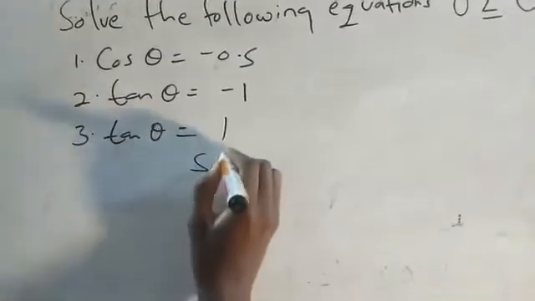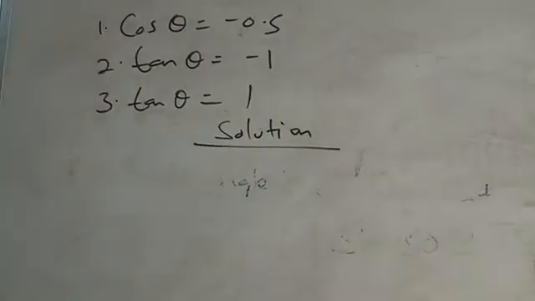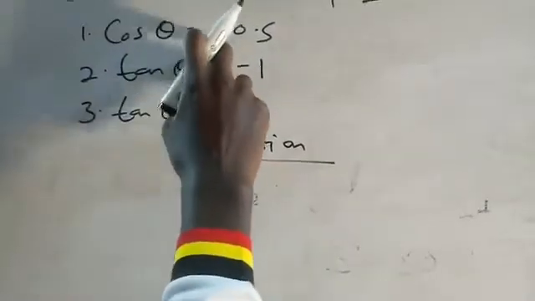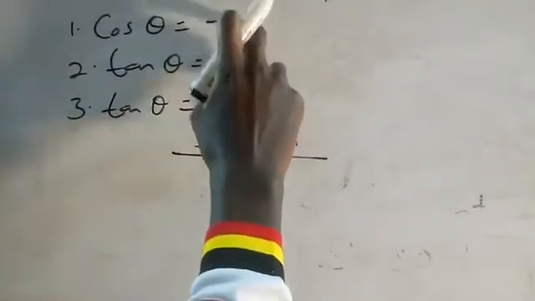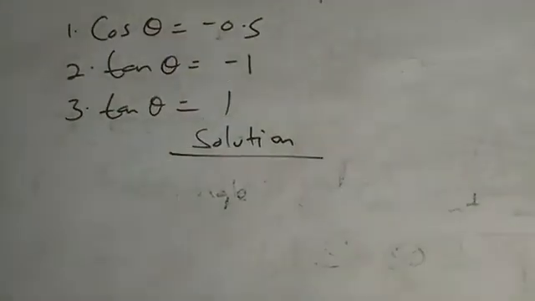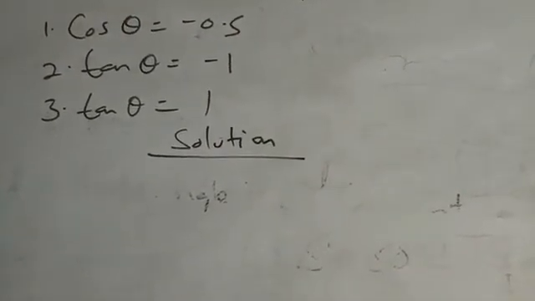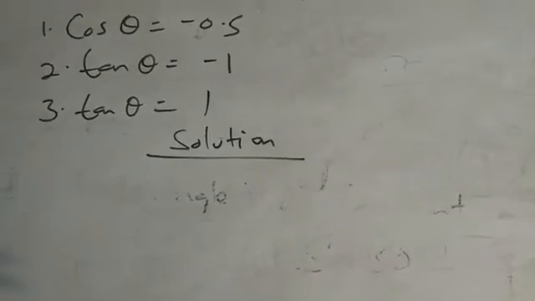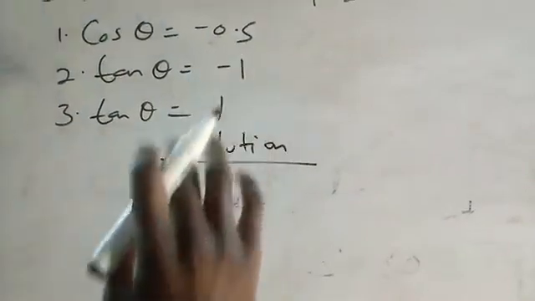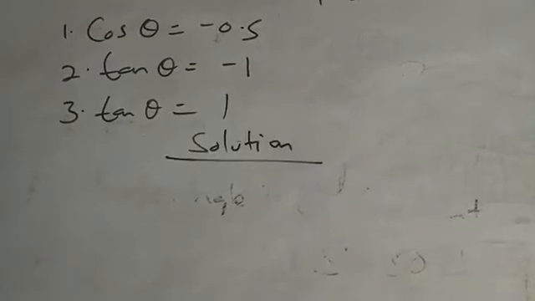So if we go to our solution, if cos theta is equal to negative 0.5, it means that theta is in the second or third quadrant.